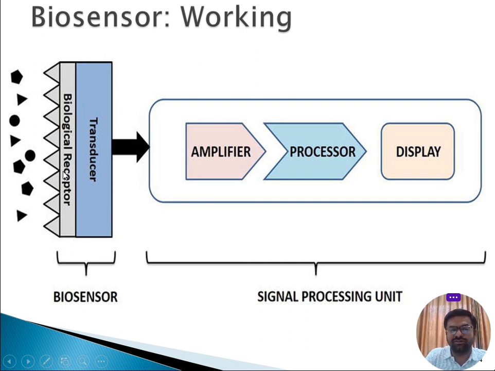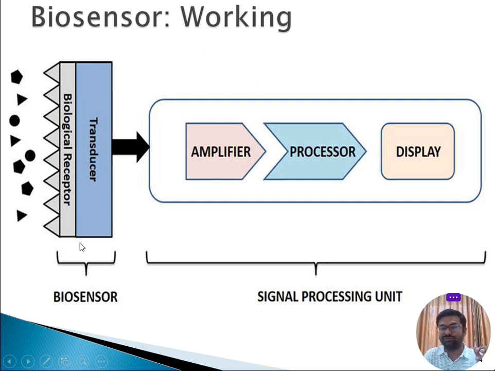When they do, a biological or chemical reaction happens between the sample and the bioreceptor. That chemical reaction changes the property of the receptor. That change in the property of the receptor is accepted and converted into an electrical signal by the transducer. So you can observe here that the bioreceptor and the transducer together act as a biosensor.